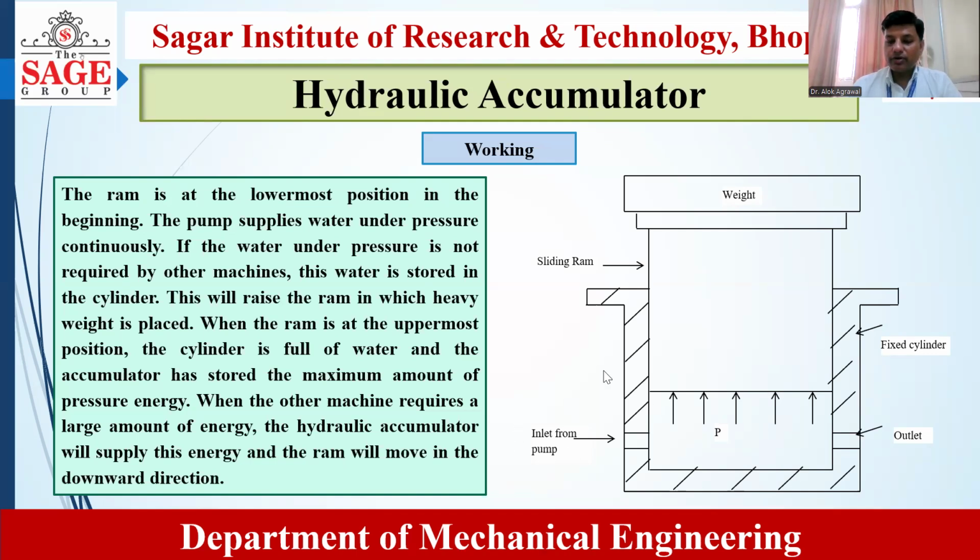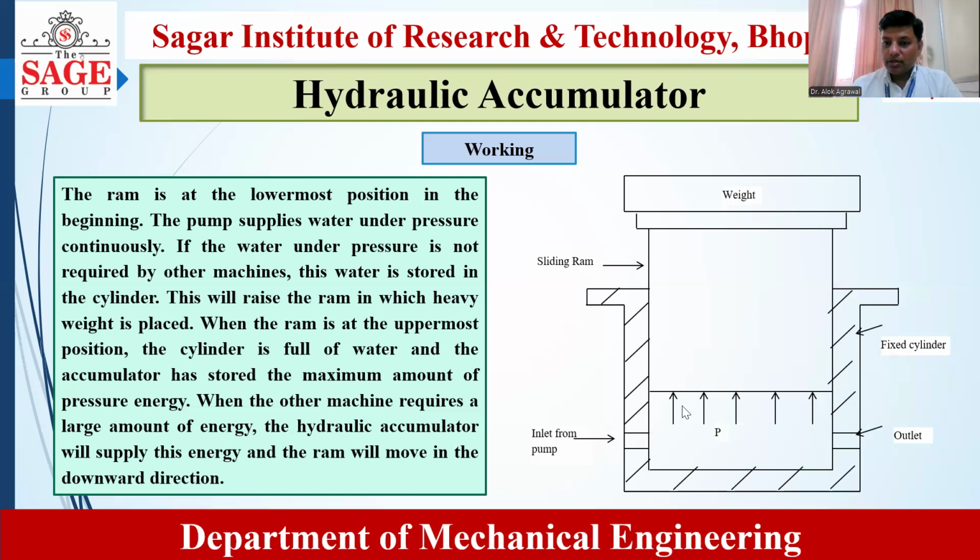In that case, we supply water under pressure with the help of a pump inside this chamber. Once the water comes inside the chamber, it tries to lift the ram up because we are supplying water under pressure. There will be a pressure force inside the cylinder acting in all directions, but the ram is the only movable component of this accumulator, so it will move up.